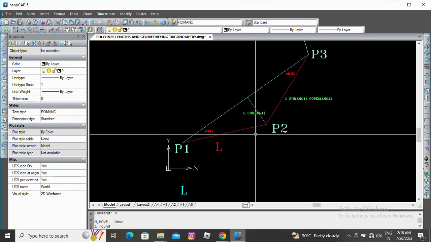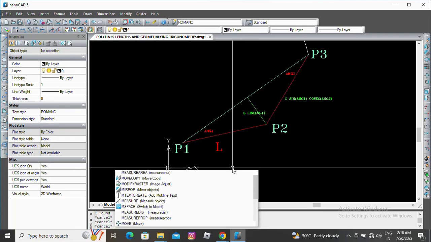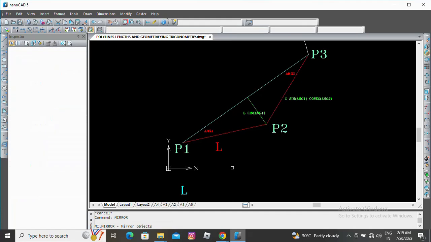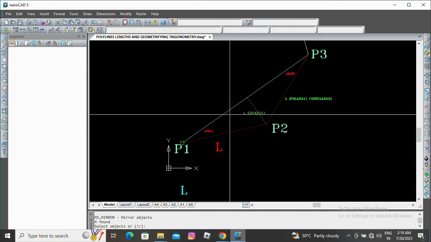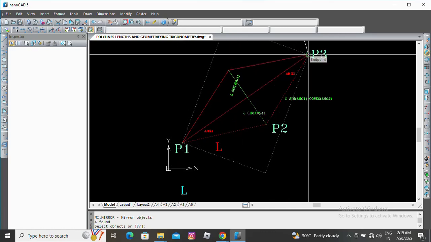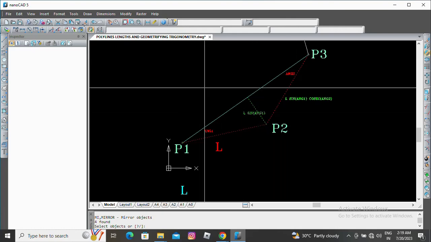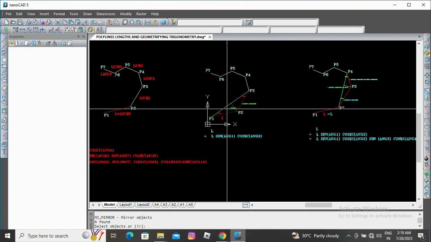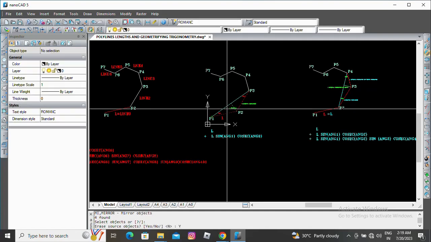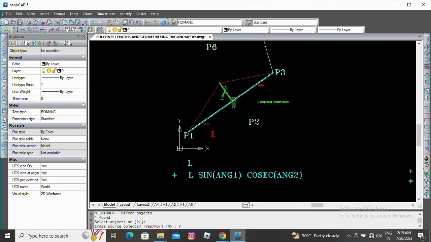And sometimes if we take the mirror of this whole arrangement about P1 and P3, then you can see that we can take the polyline in this way also.